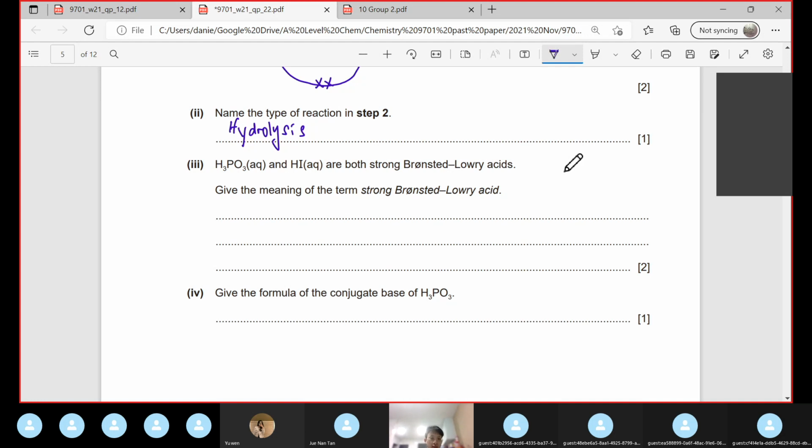So for you, I would advise, since you only have one definition, just memorize it, so you don't get confused between the different definitions. In Bronsted-Lowry, we always look at the proton. So acid is a proton donor. 2 marks here: 1 mark goes to the proton donor, so you can write down it is the proton donor.